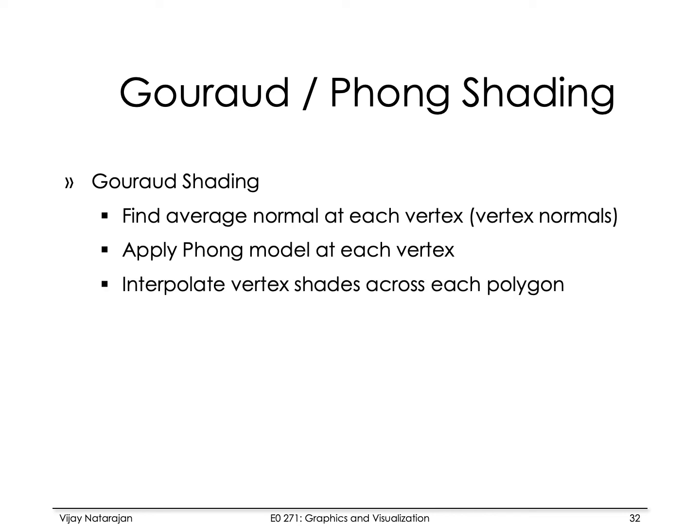And these colors are interpolated as the triangle gets converted into a collection of fragments. So in Gouraud shading, what you interpolate is the vertex colors or the vertex shades.